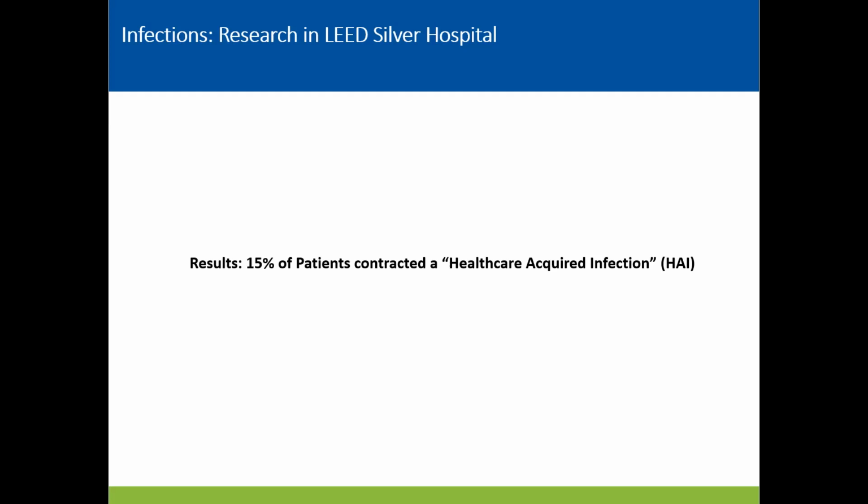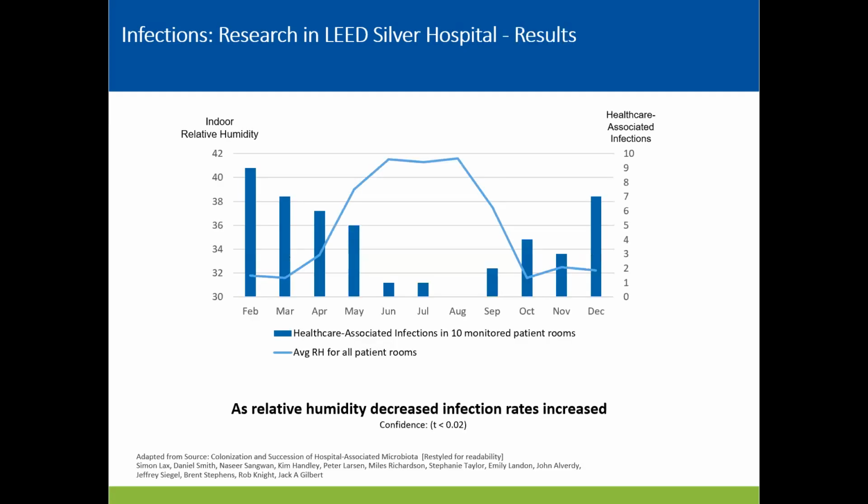So why was this happening? After crunching all their different parameters and looking for a parameter that correlated, curiously, they only found one that had a strong relationship between the healthcare acquired infections and the indoor environment. And given that this is a presentation on humidity, I'm sure you can guess that it turned out to be relative humidity.